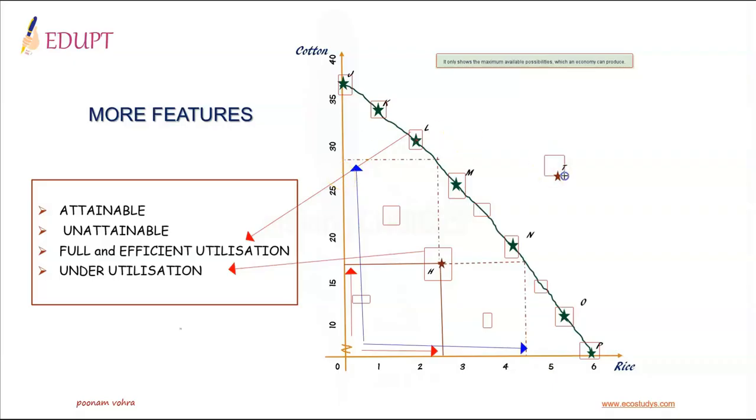The economy cannot produce at any point beyond the production possibility curve, as it is unattainable with the available productive capacity, as given by point T. So it also means that all the points on the production possibility curve and all the points below the production possibility curve are attainable, but point T is unattainable.